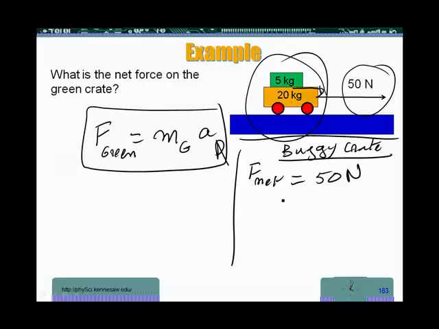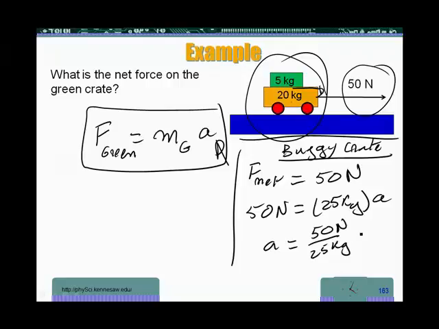meaning their overall acceleration is going to be 25 kilograms, their overall mass, times a. And I can find their acceleration. 50 newtons over 25 kilograms is 2 meters per second squared.